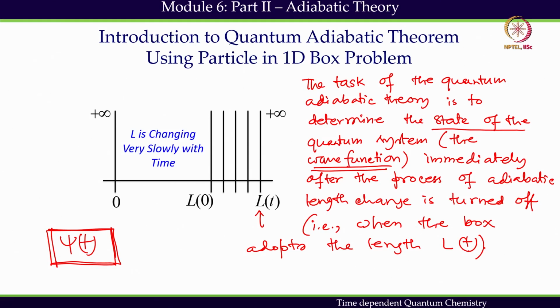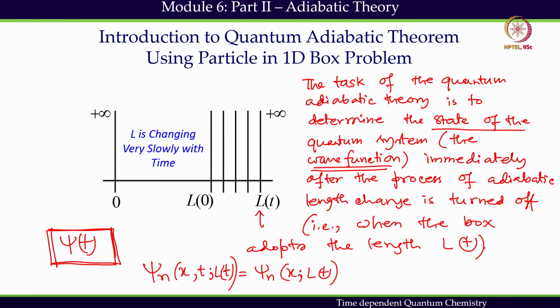And we can remind ourselves that we have already seen that each nth state wave function can be expressed as psi n of x, L(t), where L actually depends on t at that time.